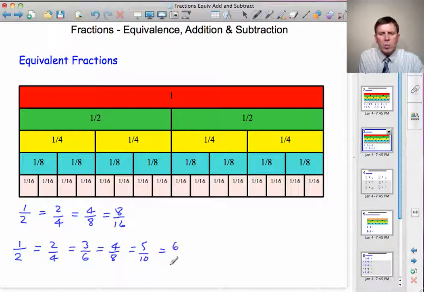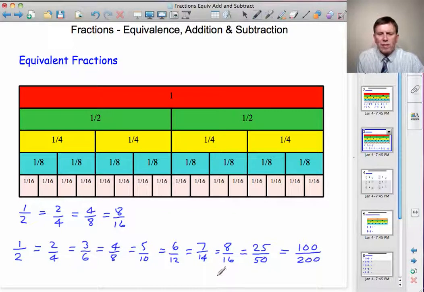It's equal to 6 what? 6 twelfths. It's equal to 7 fourteenths. It's equal to 8 sixteenths, which we've already had. But I could say it's equal to 25 over 50. I could say it's equal to 100 over 200.